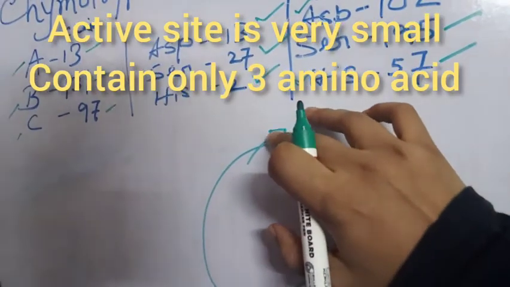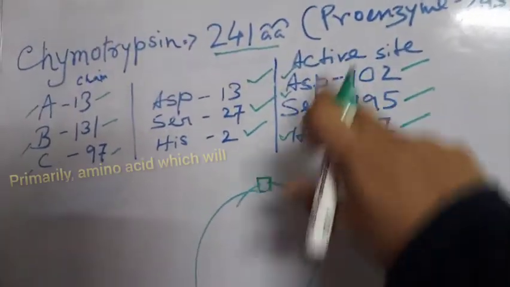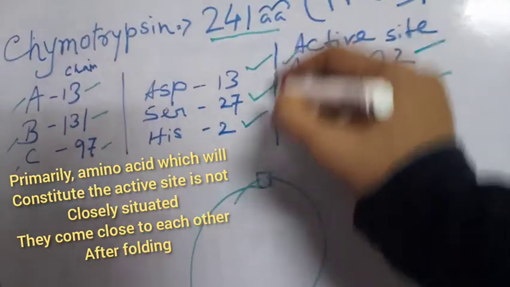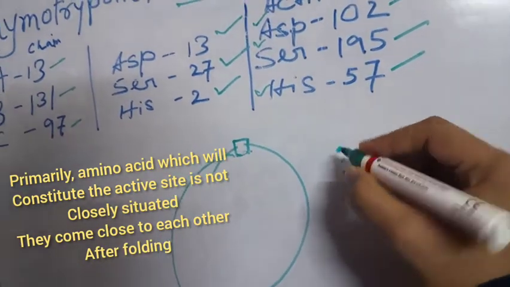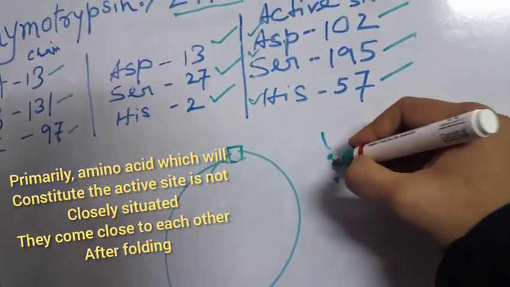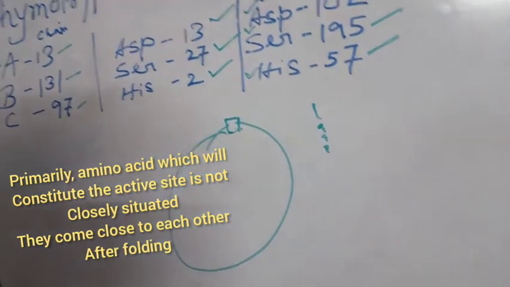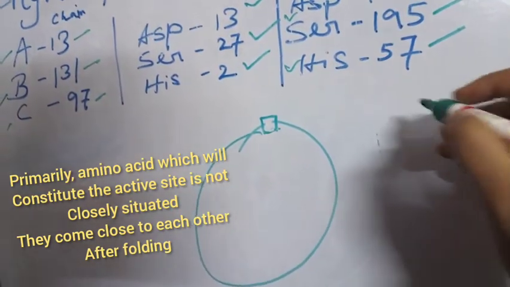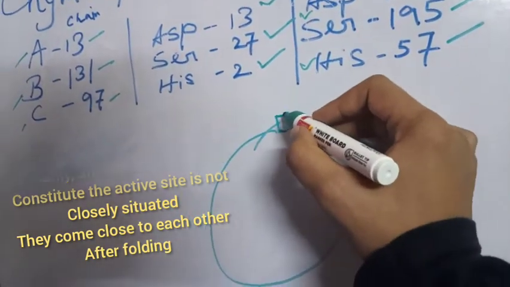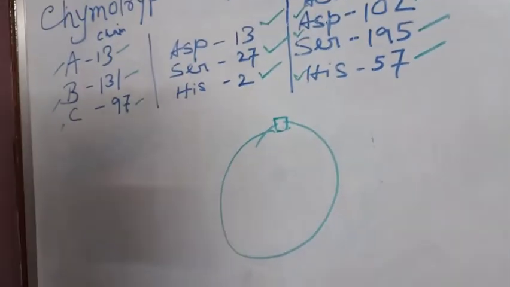Also, when they are first synthesized, these 3 amino acids which constitute the active site are not closely present. They are present wide apart. But when they are being folded, they come close to each other and form the active site.